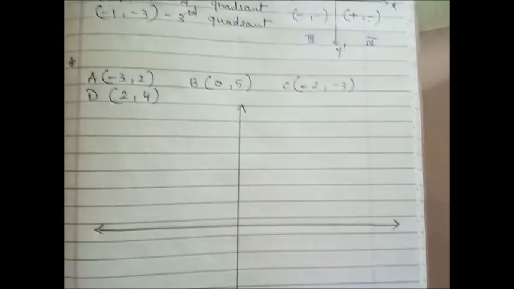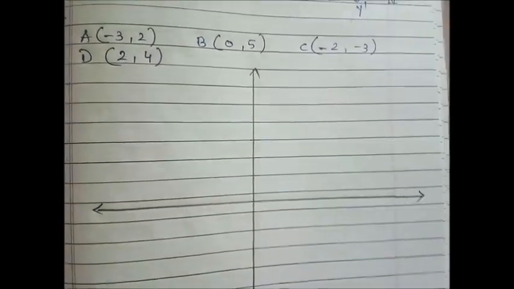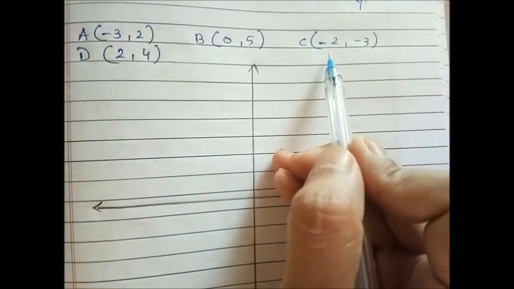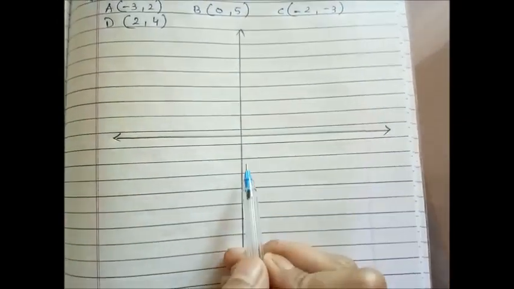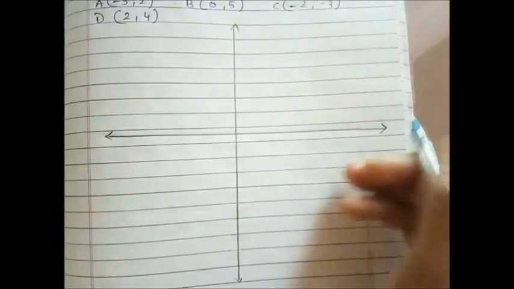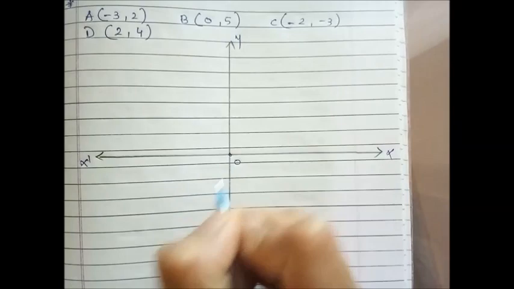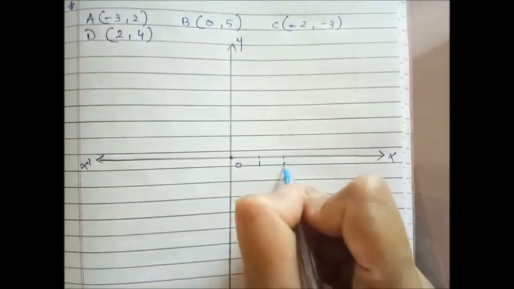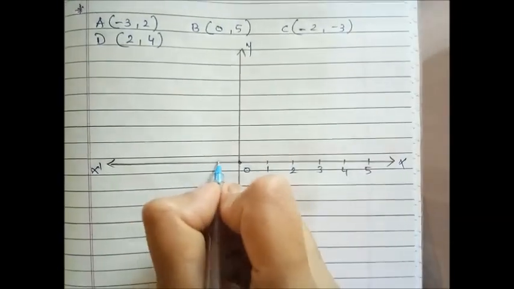Now the next one, that is to plot the points on a plane, right? You will be given a few points and you have to plot those points on a plane, right? For that I have drawn the intersection of both the axes, that is the x-axis and y-axis. Here the intersection is 0. Then 1, 2, 3, 4, 5 and so on.